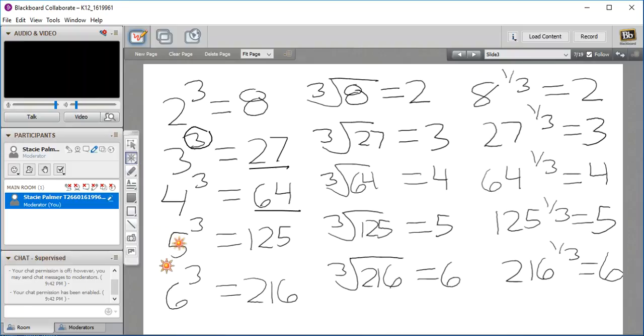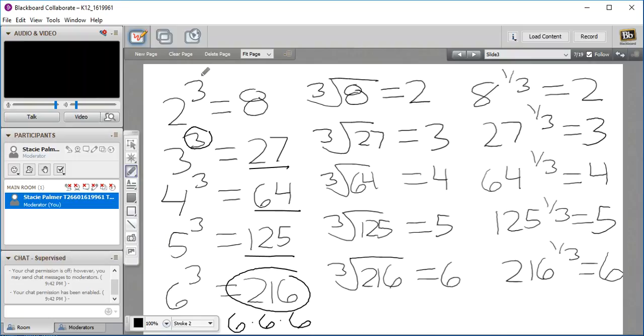If we take the base of 5 and we raise it to the 3rd power, that's going to be 5 times 5 times 5, which is 125. And then the last one, 6 to the third power, that would be 6 times itself 3 times. We have 6 times 6 times 6, and that does equal 216.